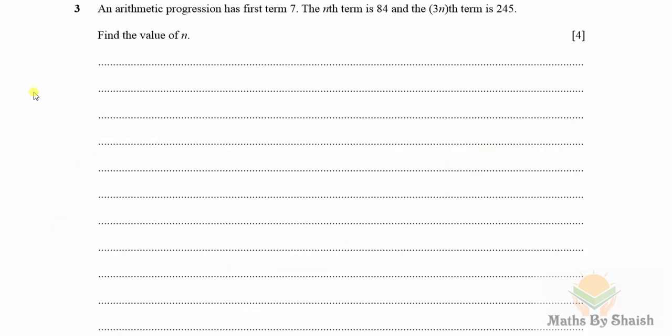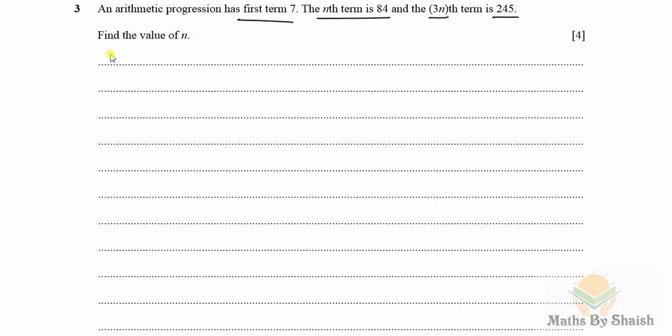Here is question number 3. An arithmetic progression has first term 7, the nth term is 84, and the 3nth term is 245. Find the value of n.